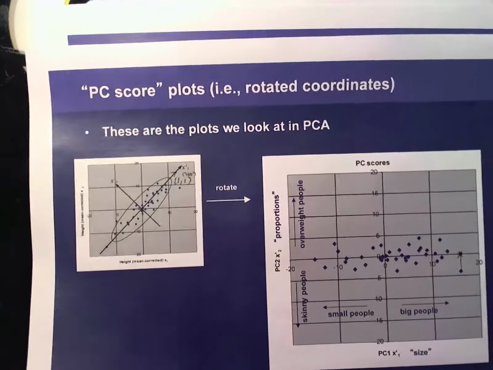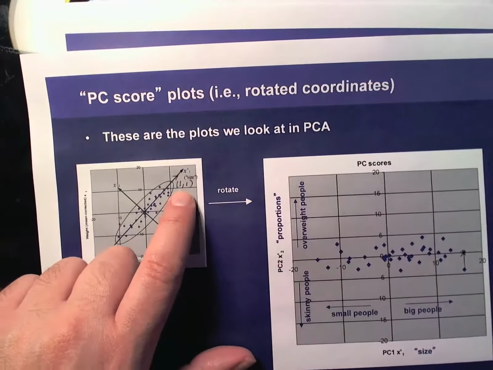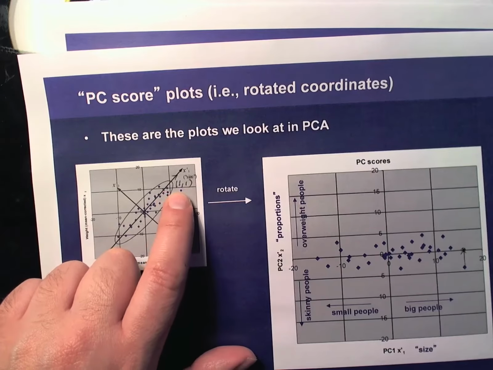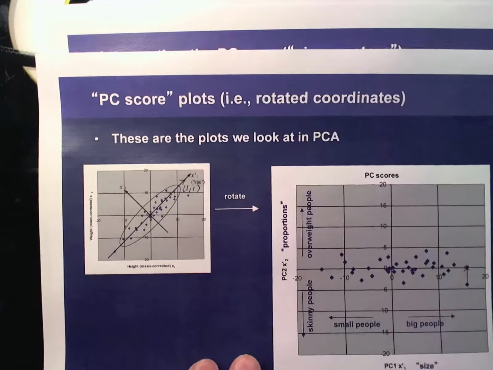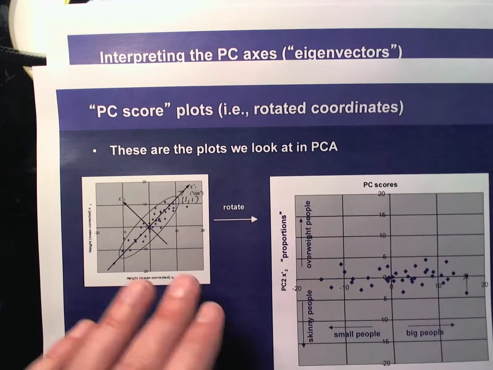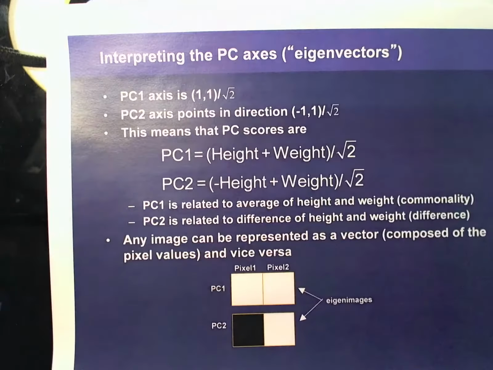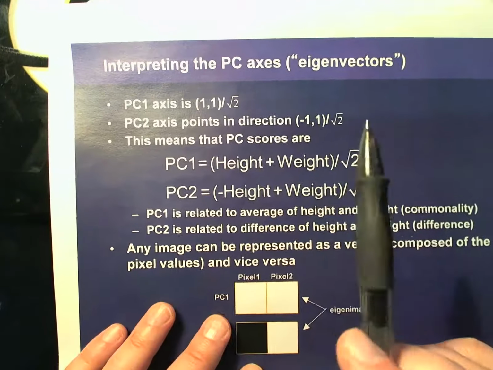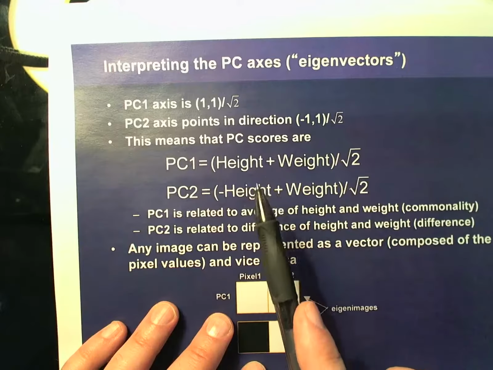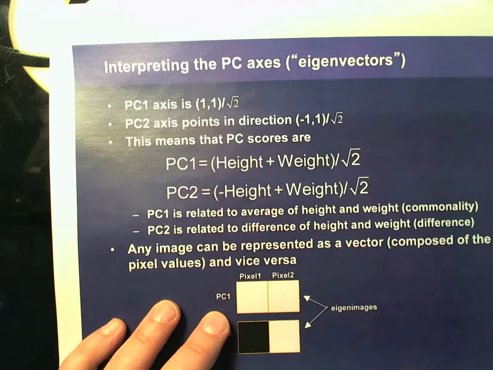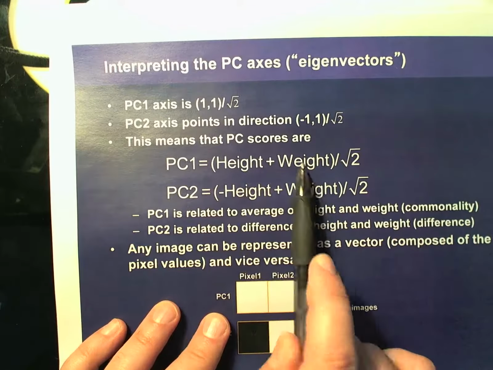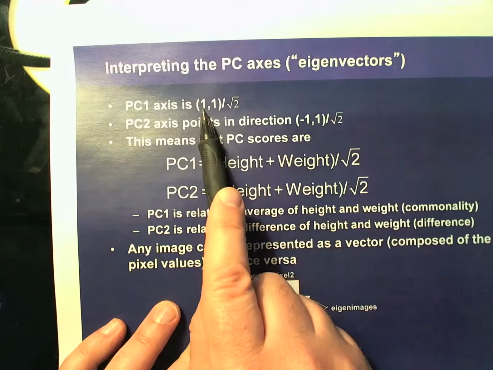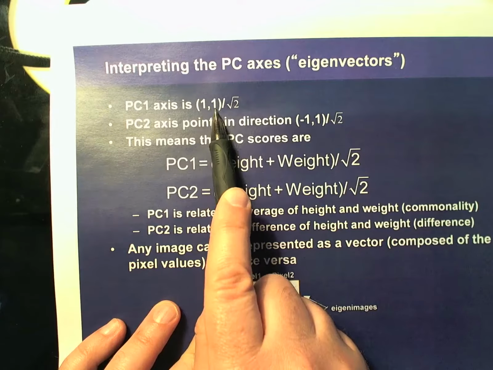And that number is, remember, to find a coordinate and a basis, you do the dot product between the vector and the basis vector. So the dot product between the height-weight vector and 1, 1 is simply height plus weight. You multiply height times 1 plus weight times 1.